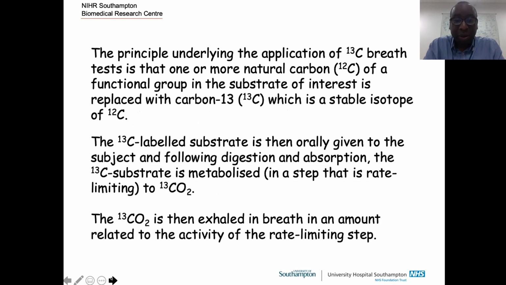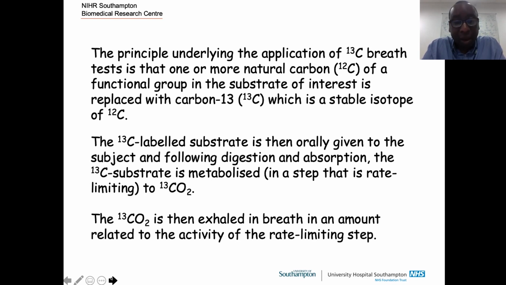So the principle that underlies the application of 13C breath tests is that one or more natural carbon of the functional group in the substrate of interest, which is carbon 12, is replaced with a stable isotope carbon, which we call carbon 13.